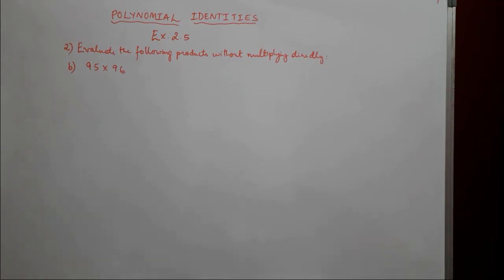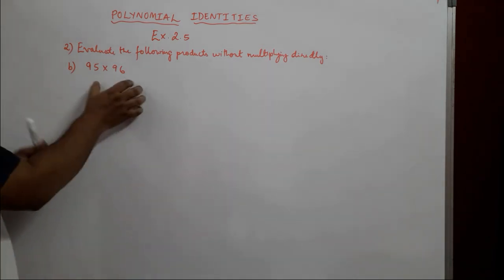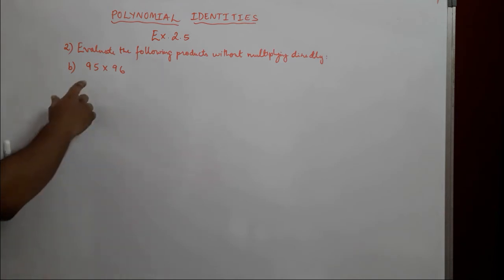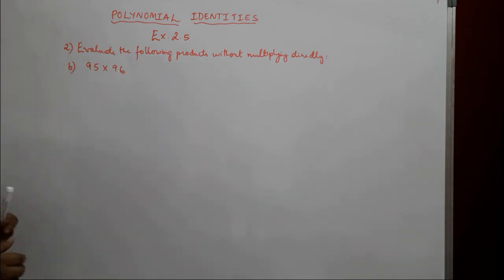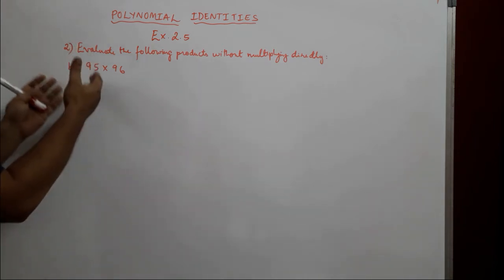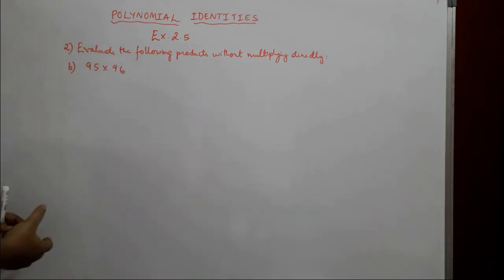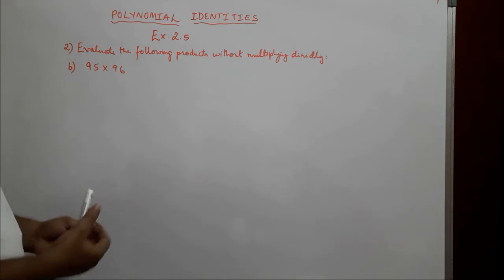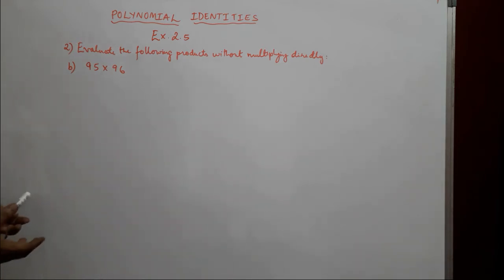The next problem says 95 into 96. Now these are not 100. Do we take 90? No, we'll continue with 100. It becomes easier for multiplication purpose. We can even take it as 90 plus 5 into 90 plus 6, but then multiplication becomes a cumbersome, difficult process. Hundreds are easier to manage.